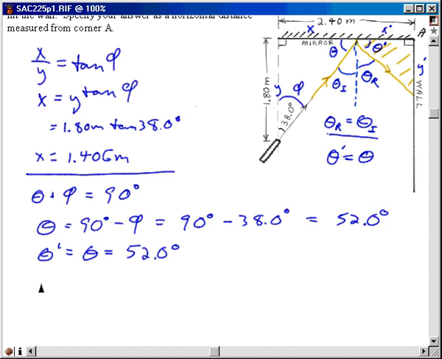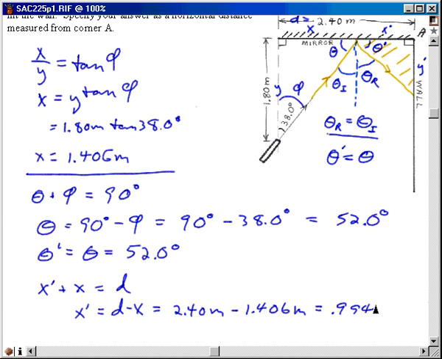And x prime plus x is equal to this 2.4 meters, which I'll call d. So x prime is equal to d minus x, subtracting the x from both sides, which is the 2.40 meters minus the 1.406 meters, which is 0.994 meters.